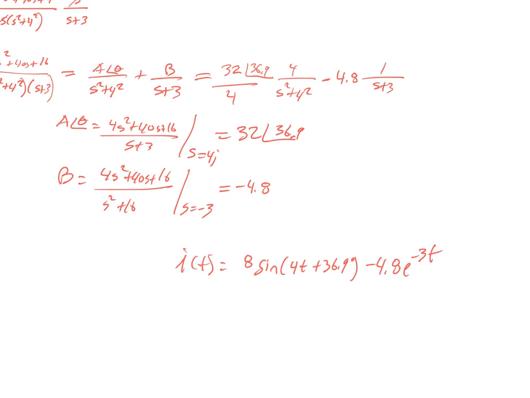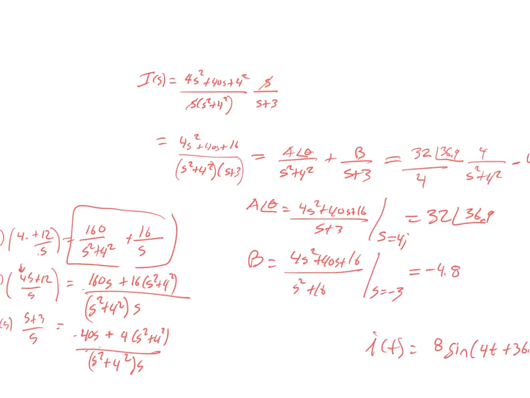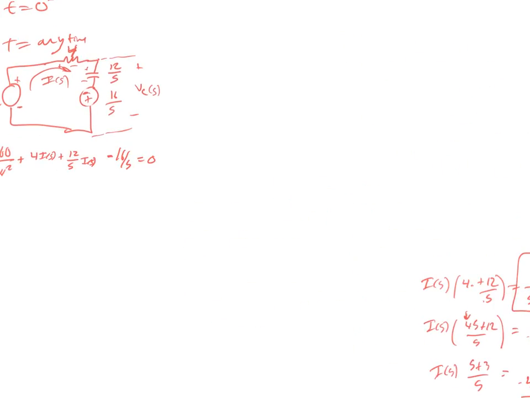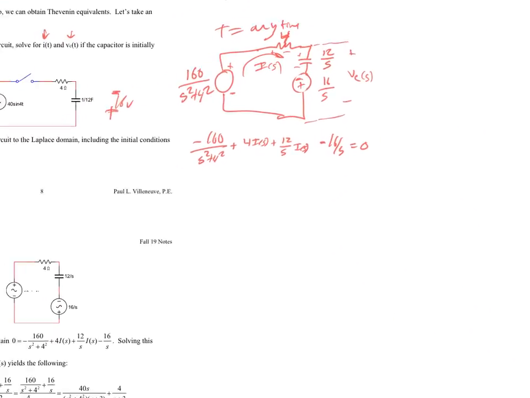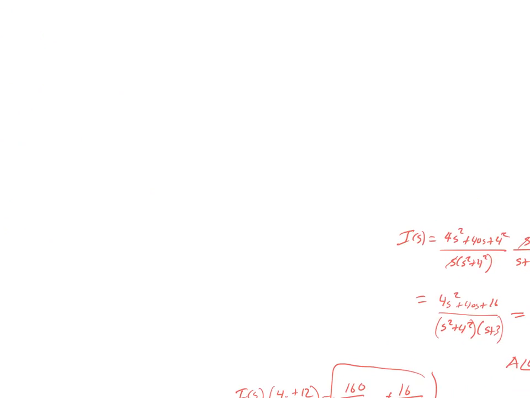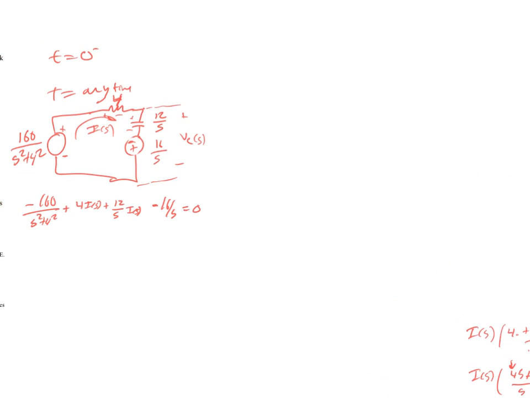So now I need to solve for VC of t. So let's go back to here. Right? Okay. So what is VC of S equal to? Well, that's just going to be equal to I of S times 12 over S minus 16 over S, right?